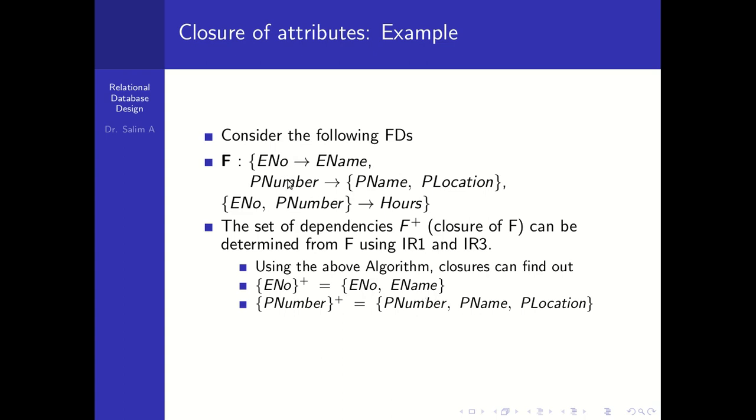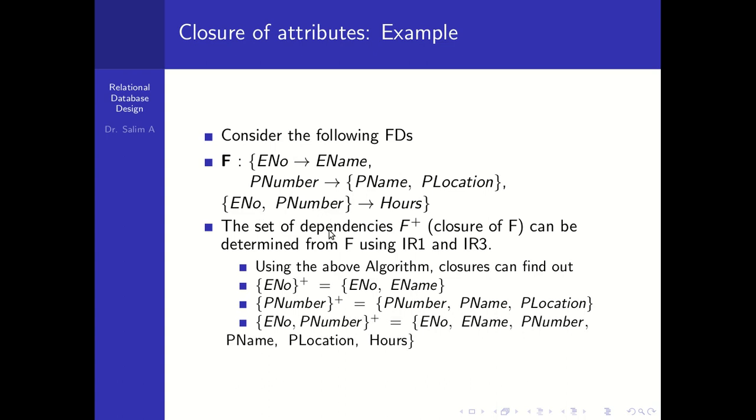Now P number closure. P number will first add P number, then we will add P name, P location, because this is an FD. Any other FD that applies? No other FD, because this is E number, which is not in this one, and E number, P number is not in this one either. Therefore, we cannot add. Now another one is E number, P number. What is the closure?